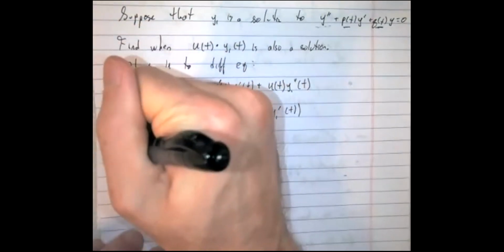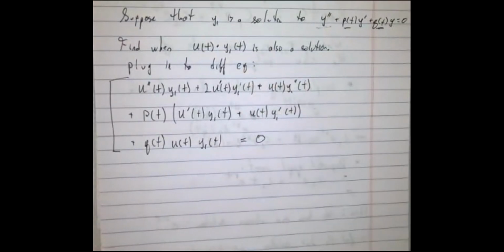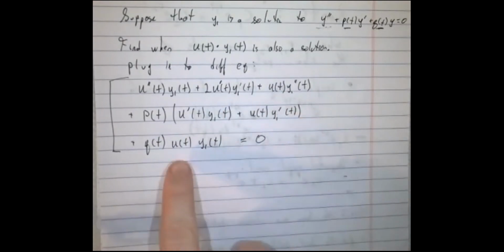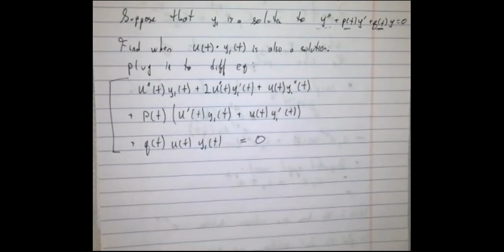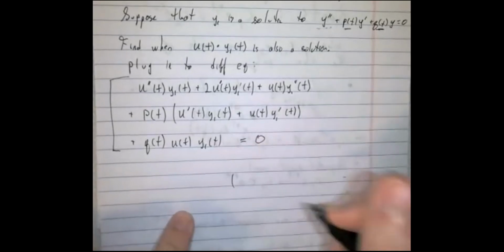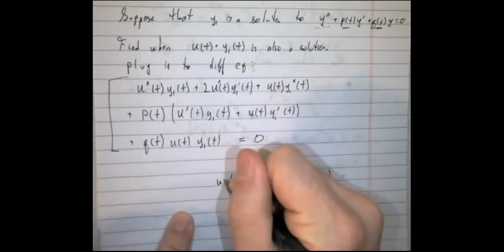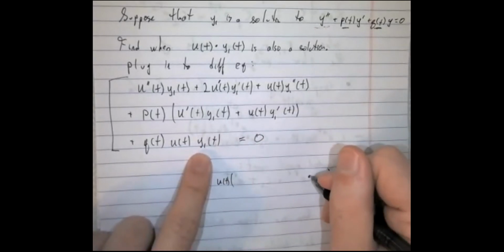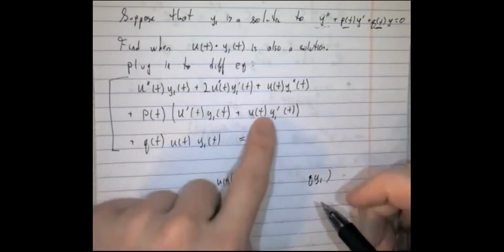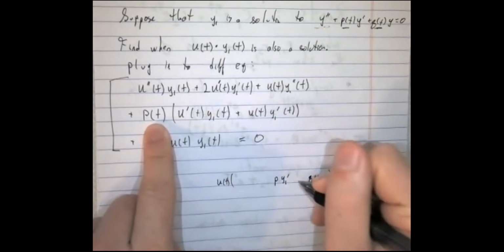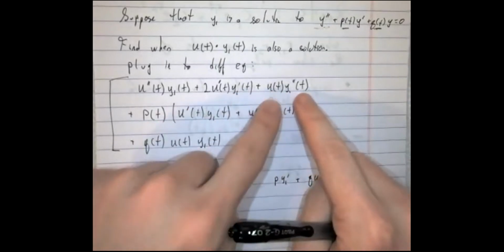So we've got this gigantic expression, and we'd like to collect terms. First, let's collect all the terms that only involve u itself. I'm going to be able to rewrite this as u of t times q y1, plus p of t times y1 prime, plus y1 double prime.